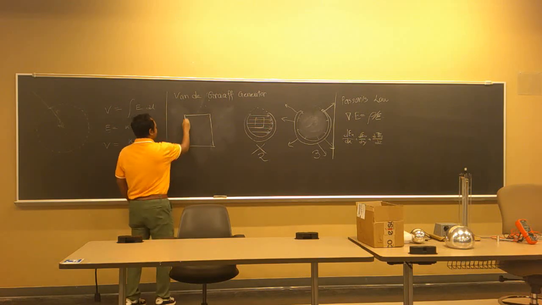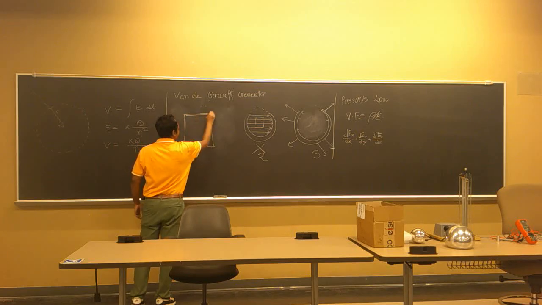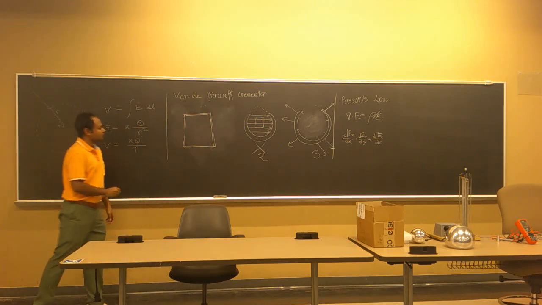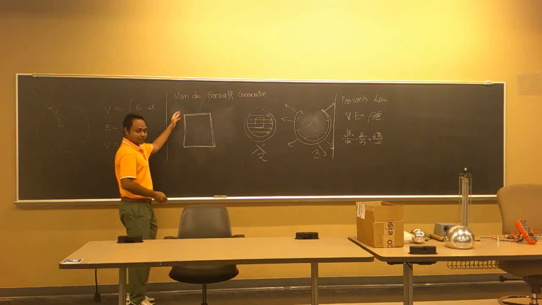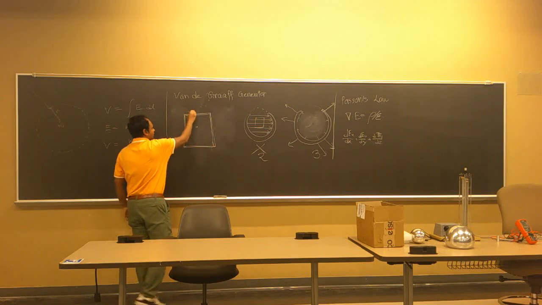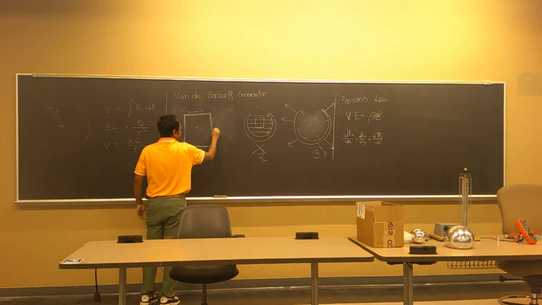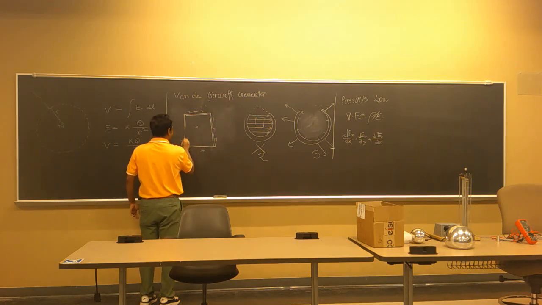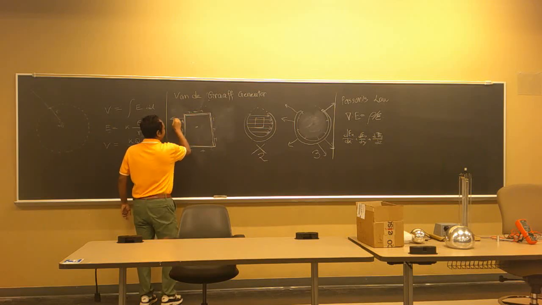Alright? Let's say this rectangle is made of metal. If it is an enclosed surface, the electric field interior to this metal will be zero. If you put some charge on top of it, all the electric field would be outside.